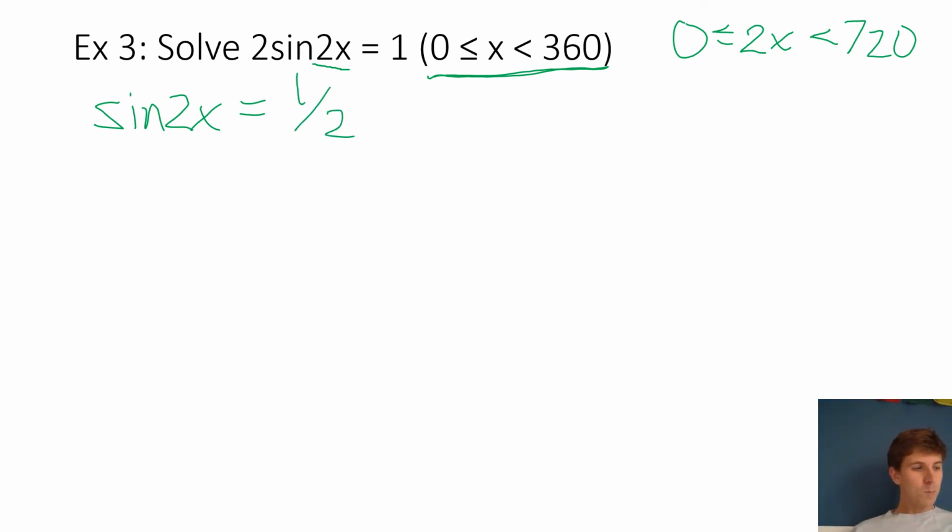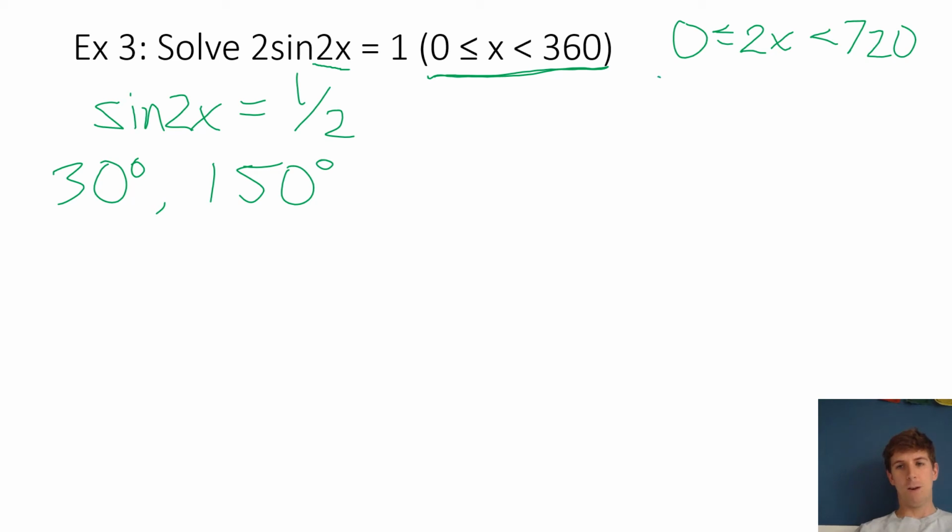For sine being 1/2, and I'm in degrees here, that's going to take place at 30 degrees and 150 degrees. That's in the first rotation around the unit circle, from 0 to 360.